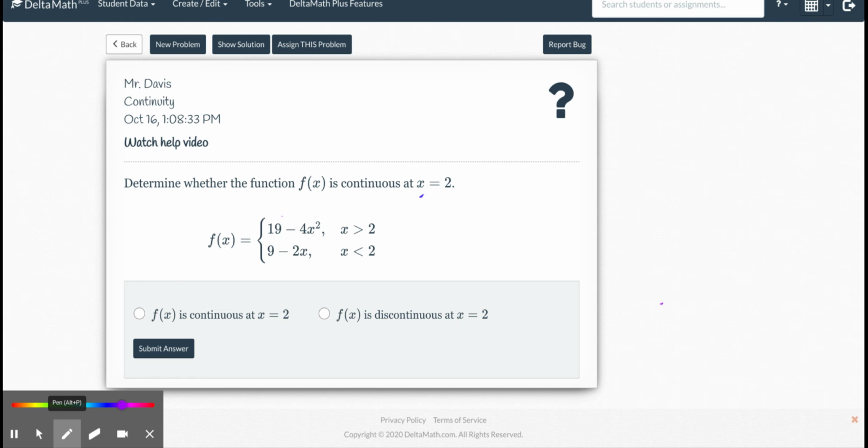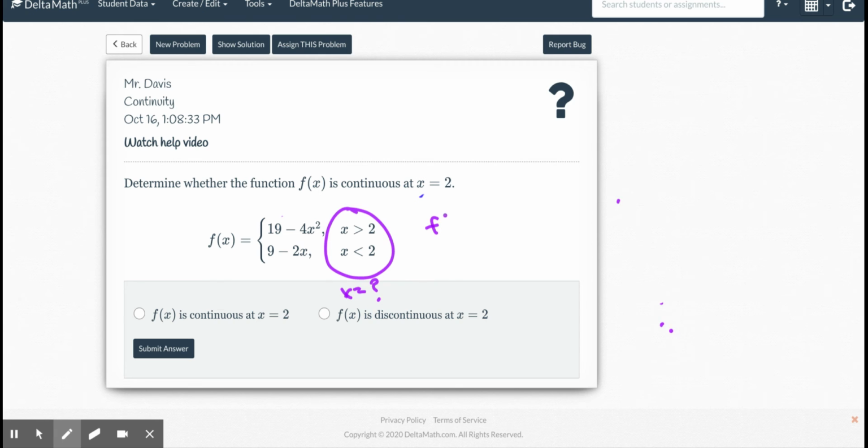So we know our 3 conditions are the limit must exist, the function must be defined, and then the limit must equal the function value. However, if you look at our function here, this has an x greater than 2, has an x less than 2, but it does not have an x equals 2. It doesn't have a line under one of those. So actually, I can tell you from the outset here, f of 2 is not defined.